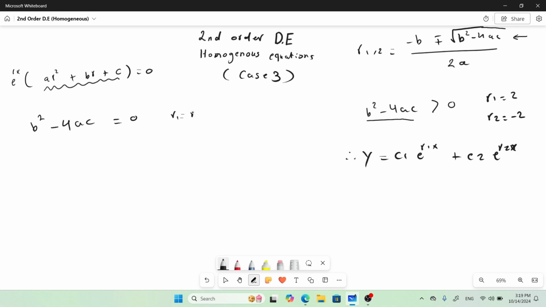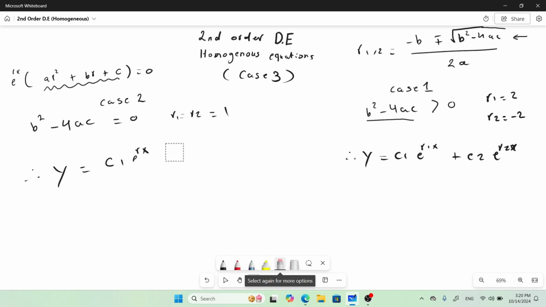So r1 and r2, let's for example say it's equal to 1. Therefore our general solution would be y is equal to c1 exponential rx plus c2 x exponential rx. If b squared minus 4ac is bigger than 0, we called it case 1, and if it's equal to 0 we called it case 2.